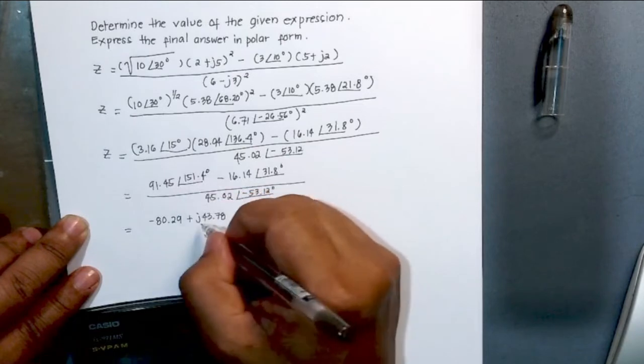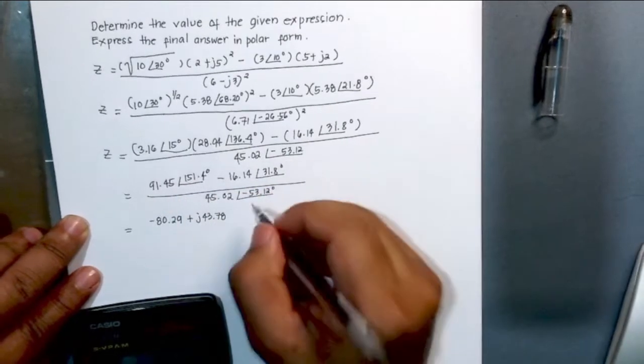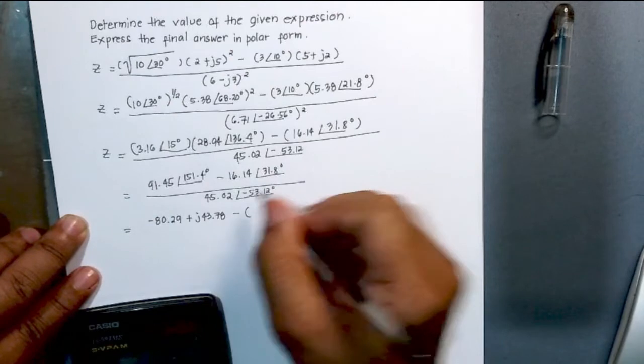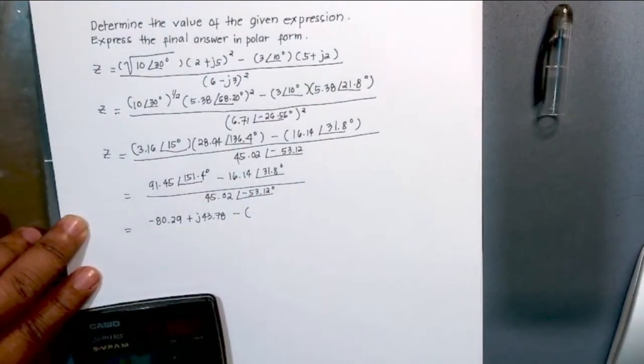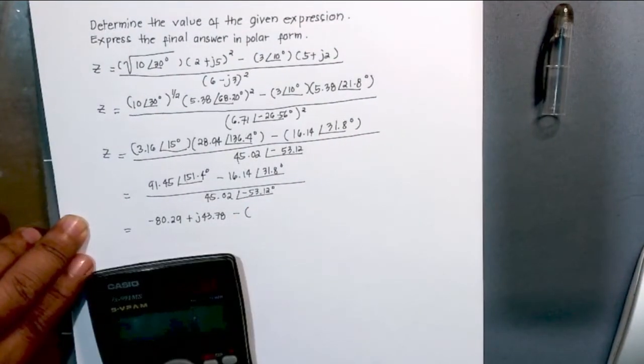This is the rectangular value of this polar form.